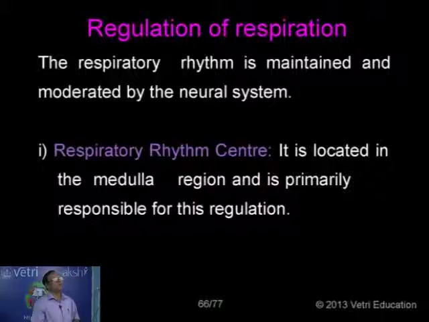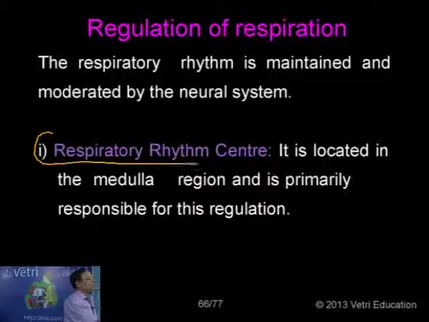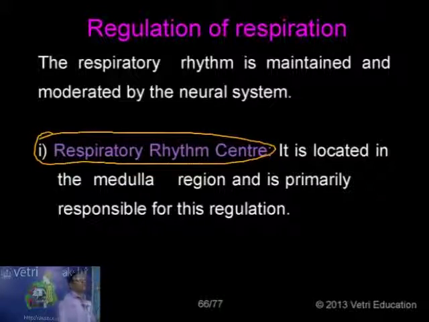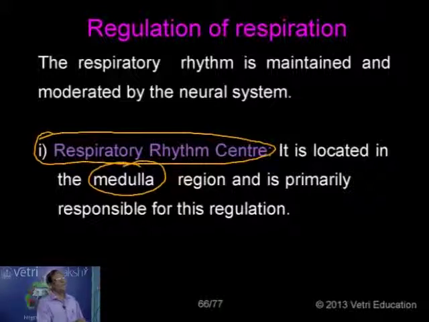The controlling center is mainly located in the medulla oblongata, and that center is called the respiratory rhythm center. The breathing center or respiratory rhythm center is normally located in the medulla oblongata region. It includes both the inspiratory and expiratory centers, and both centers together are called the respiratory rhythm center, as we have two processes, inspiration and expiration.